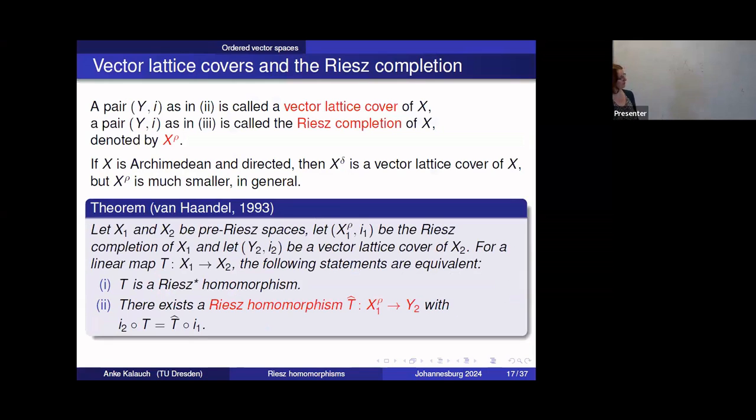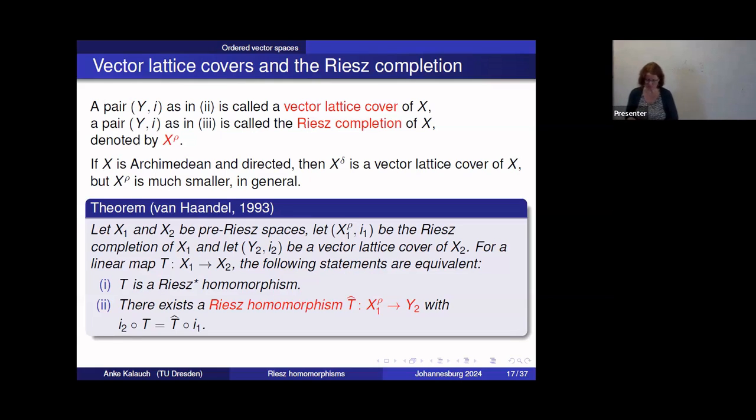This is a nice thing to work with. This Y, the ambient vector lattice, I call a vector lattice cover of X, and the smallest one is the Riesz completion. And the Riesz completion is in general much smaller than the Dedekind completion. The Dedekind completion can be huge.